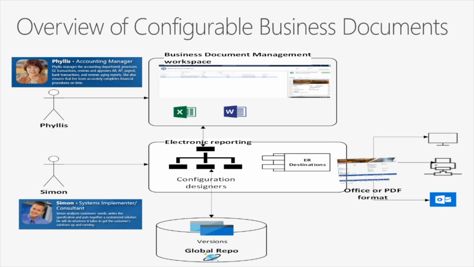But all this functionality is based on electronic reporting functionality, which provides versioning and publishing functionality, and also allows you to configure destinations. We'll talk a lot about them because destinations give you the possibility to convert your Office document to a PDF, for example, and then send it as an attachment over mail, print it, or just see it on the screen.